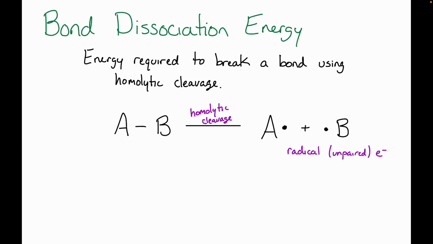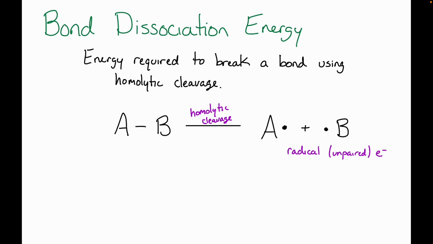Now, we've talked about the mechanisms of the reactions we've studied thus far, and none of them go through a radical pathway. There's not any radicals involved here. Nonetheless, energy is kind of this magical thing where if you start in one place and end in another place, it does not matter what path you take to get there. So these energies are what are called state functions. They're path independent.